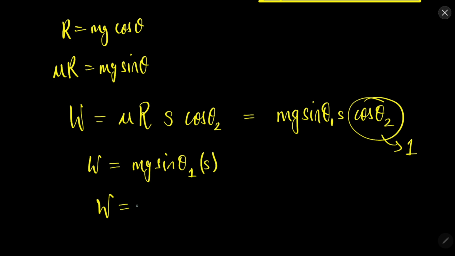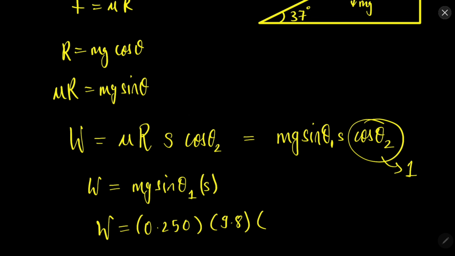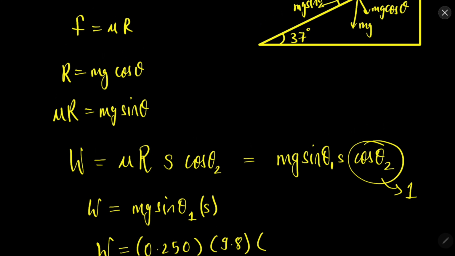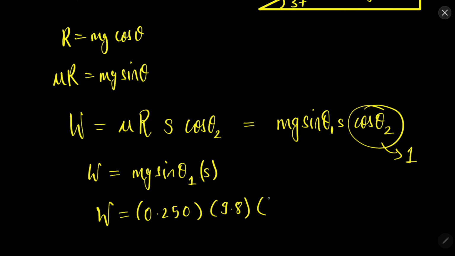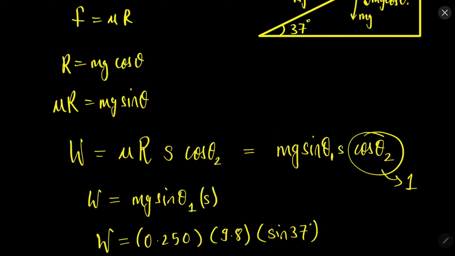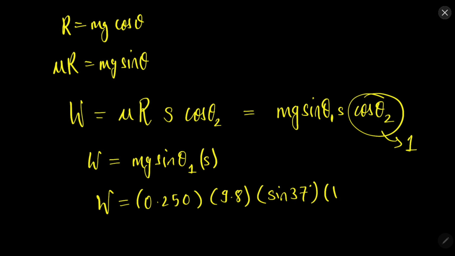So now work done equals 0.250 kg into 9.8 into, now we have sin theta 1, theta is 37 degree. Okay, this theta is 37 degree, so sin 37 degree into displacement, which is 1 meter.